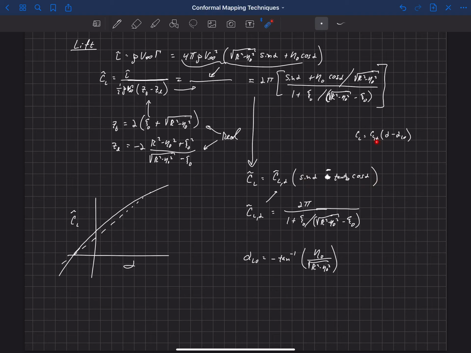From thin airfoil theory, we just have a constant out here, which we have here as well, but that lift slope actually changes as a function of alpha because we have sine alpha inside of here. So this is really the lift slope just for small angles of attack. Anyway, that's what we get for lift, and now we'll look at pitching moment.